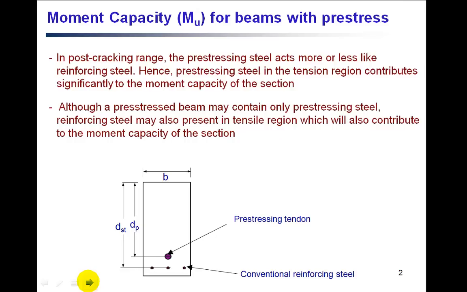And as you can see in this figure, the prestressing tendons can be used in combination with the conventional reinforcing steel as well. Prestressing tendon can be there by itself only, or it can be combined with reinforced concrete as well. So in this example, we'll be seeing the general case where both the prestressing tendon and the conventional reinforcing steel are there in the beam.